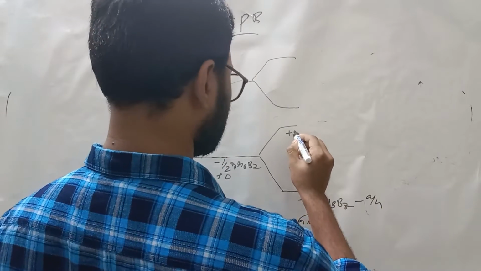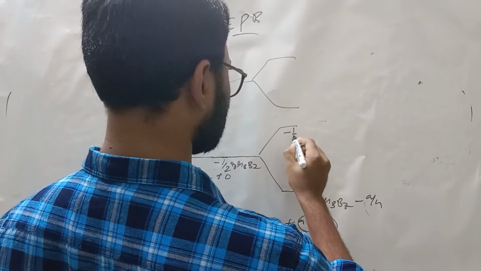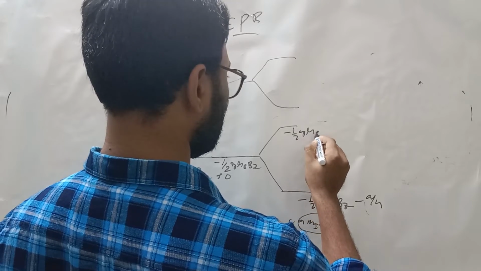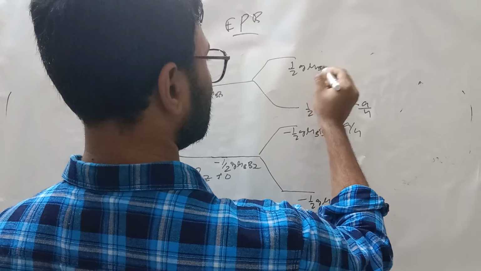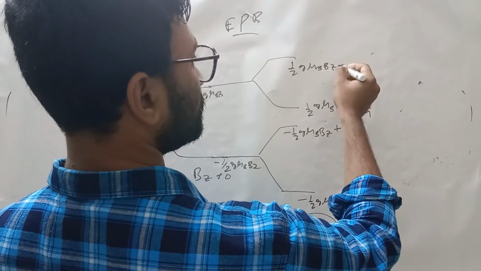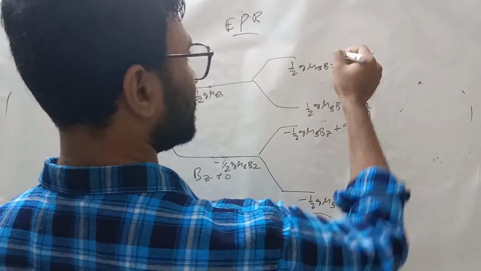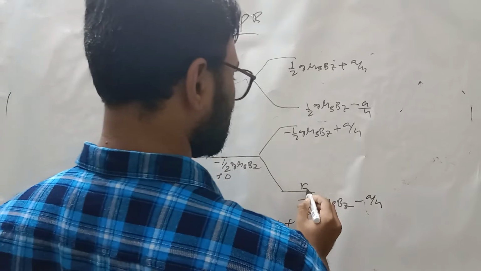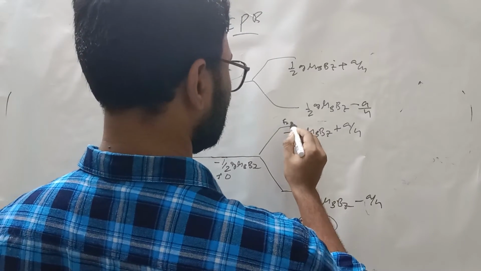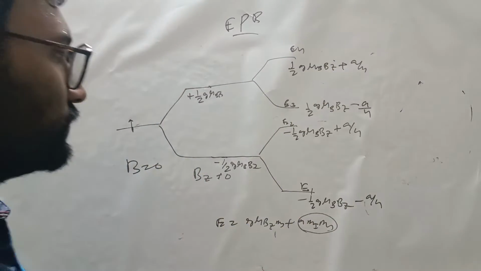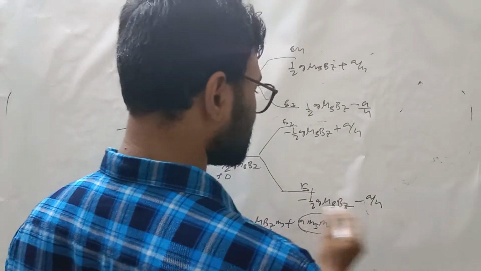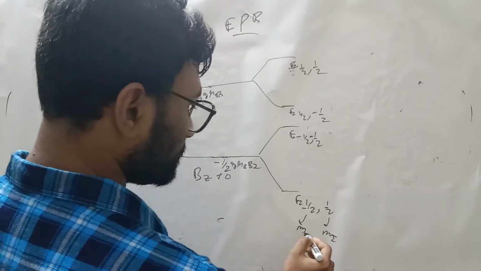So it has minus g mu B B, and this will be the positive one. It is the highest in energy. So suppose these are E1, E2, E3, E4. Understood? So if we write these things, this is the ms, this is the mI.